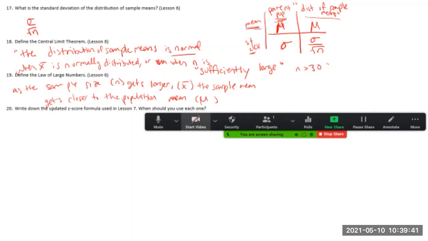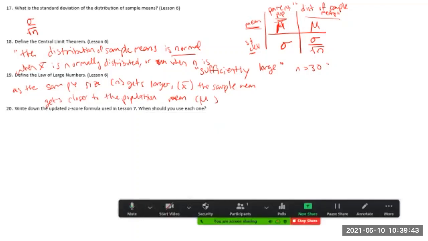So if we have the entire state of Idaho, oh look, there's Idaho, and we were to sample just Madison County, would that be representative of the whole population? Probably not. But if we were to get Madison County and Bonneville County, that would be a little bit better. If we were to do Madison, Bonneville, and another nearby county, it'd be better.